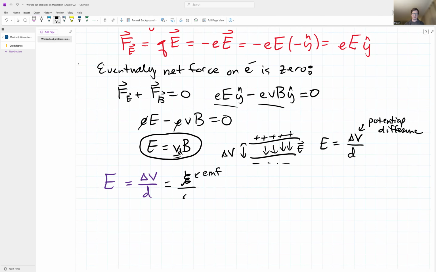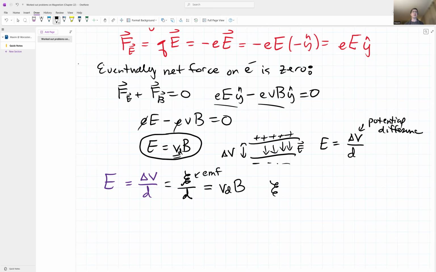And the d is the separation, the width of the conductor, like the height of it. And this is equal to the drift velocity times B. So we can solve for the EMF.